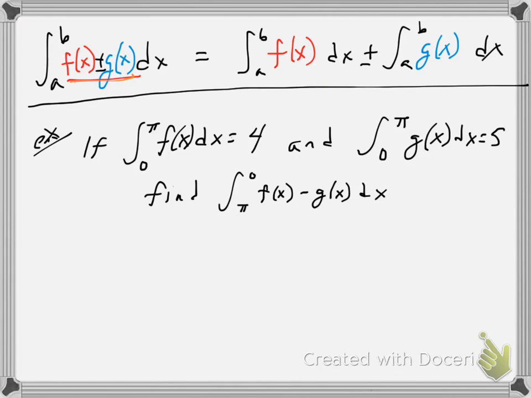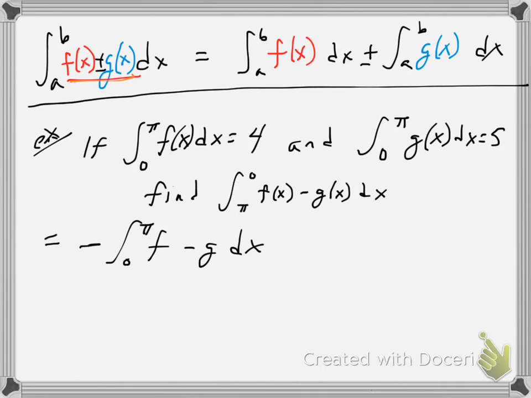So here's an example. If the integral from 0 to pi of f is 4, and from 0 to pi of g is 5, find the integral from pi to 0, backwards, of f of x minus g of x. Okay. Let's fix that backwards part first, because that's a mess. I'm going to make it negative, and that way it'll look like all the others. 0 to pi, f minus g.